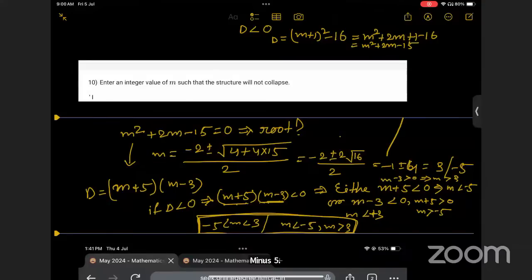The roots are 3 and minus 5, right? That means we can factorize this equation in this way, right?